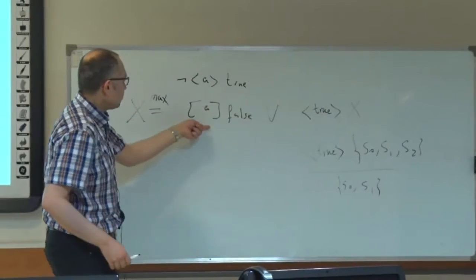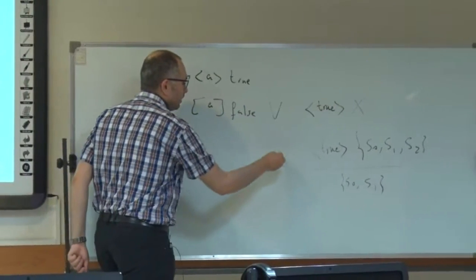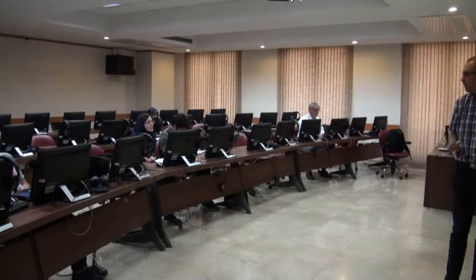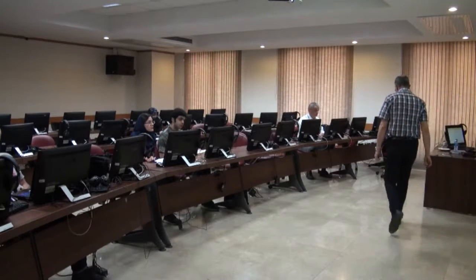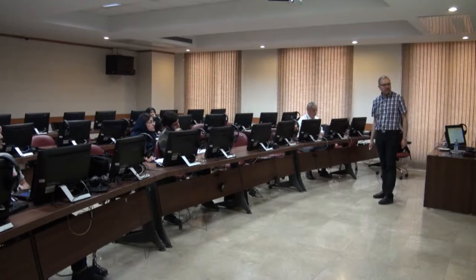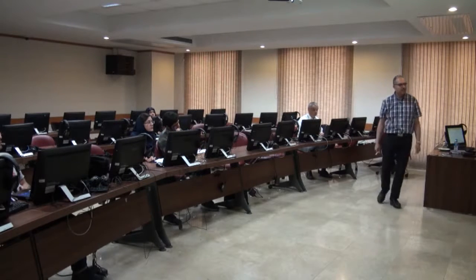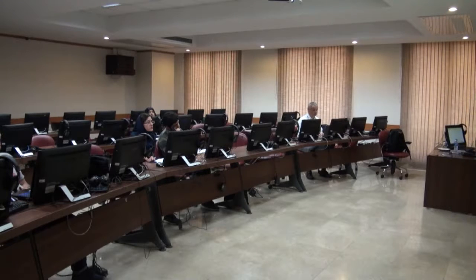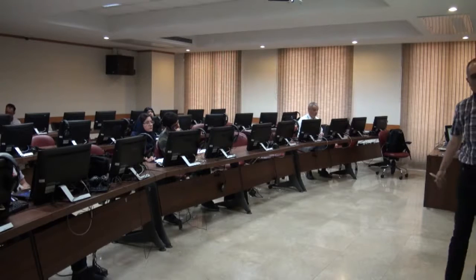Okay. Which state satisfies this formula? Box A false? S0 can do many A's. I'm looking for box A false.